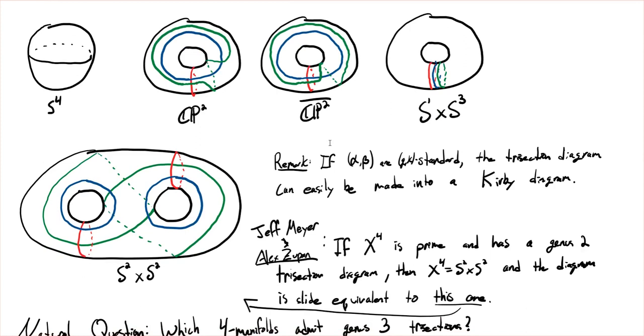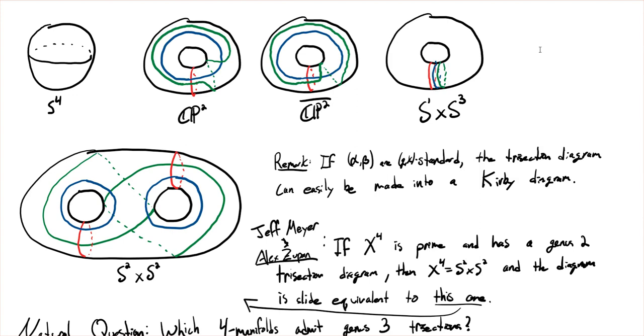Pick your two favorite colors, and slide them into a position so that they are GK standard. Then the trisection diagram can be turned into a Kirby diagram by identifying all of the common curves, turning those into dotted one-handles, and then the remaining green curves can be pushed off of the surface, and you can give those the surface framing.